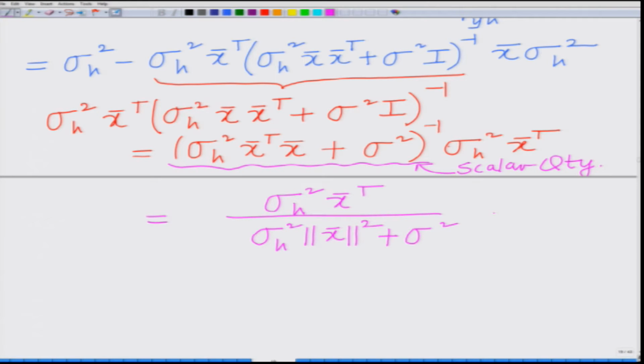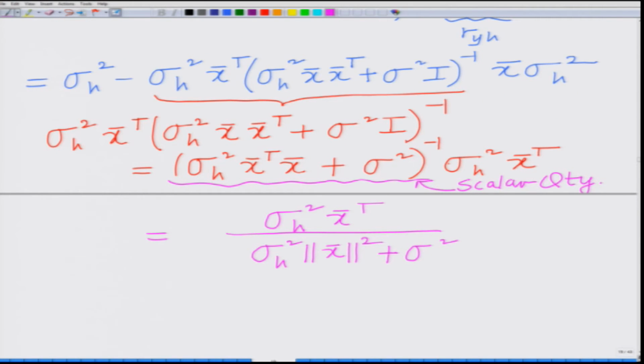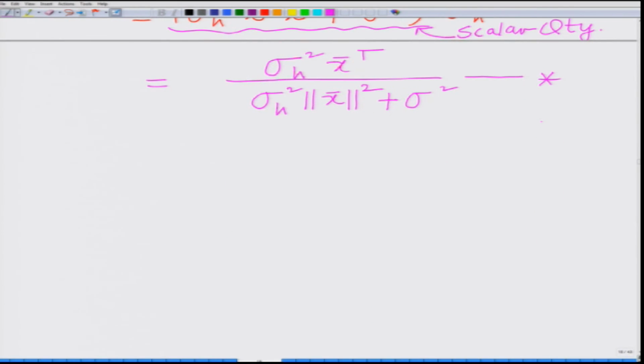Okay. And therefore, this is the simplification, and now using this, let us call this star. Now, we will simplify the MMSE by substituting the simplification for this quantity star derived above.